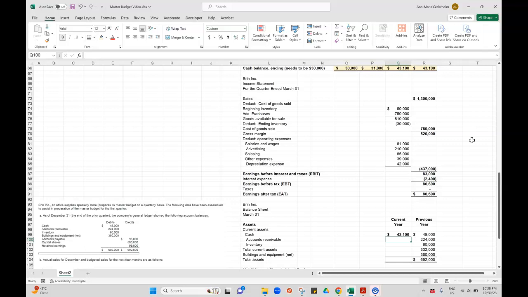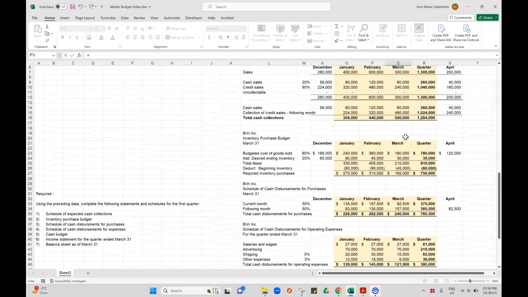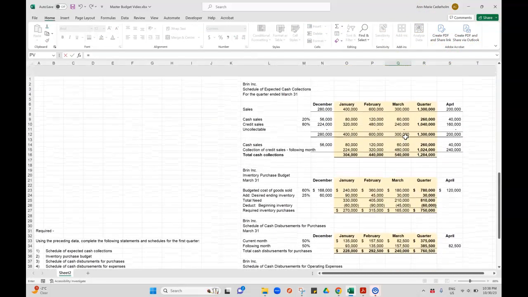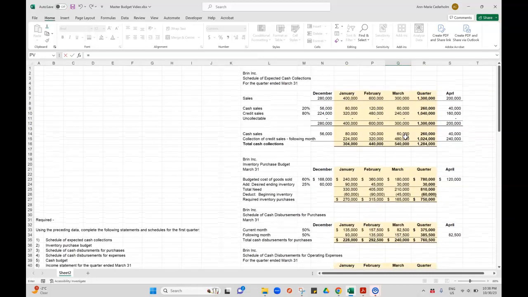So if I go up to my cash collections budget, and I see here that the collections in the following month, so I'm looking at April, is the 240.